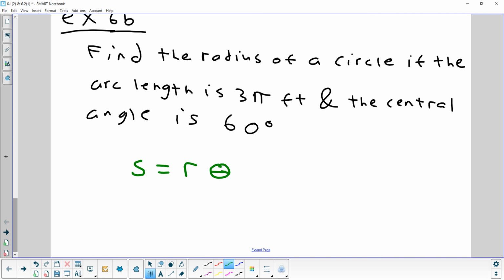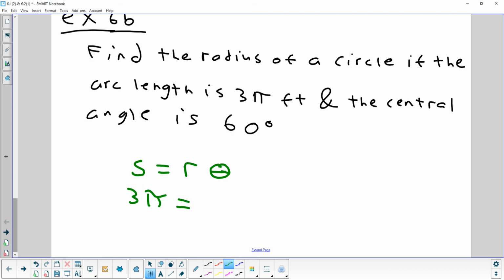What does S stand for again? Arc length. So did they give me the arc length? Yeah, what is it? 3 pi. So the arc length is 3 pi. So this time, I'm not solving for that.